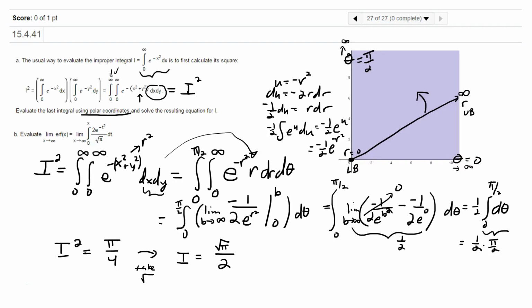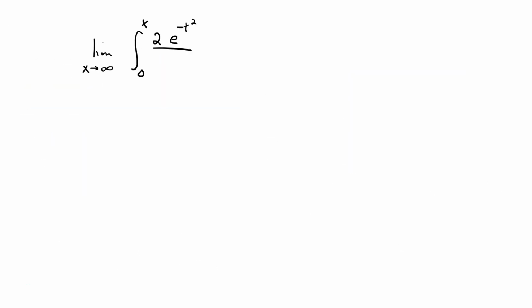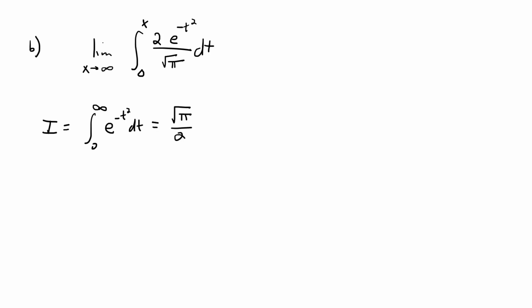That's all over root of pi dt. This is part B. Now we just figured out I, which was the integral from 0 to infinity of e to the minus t squared dt. We figured out that was the square root of pi over 2.